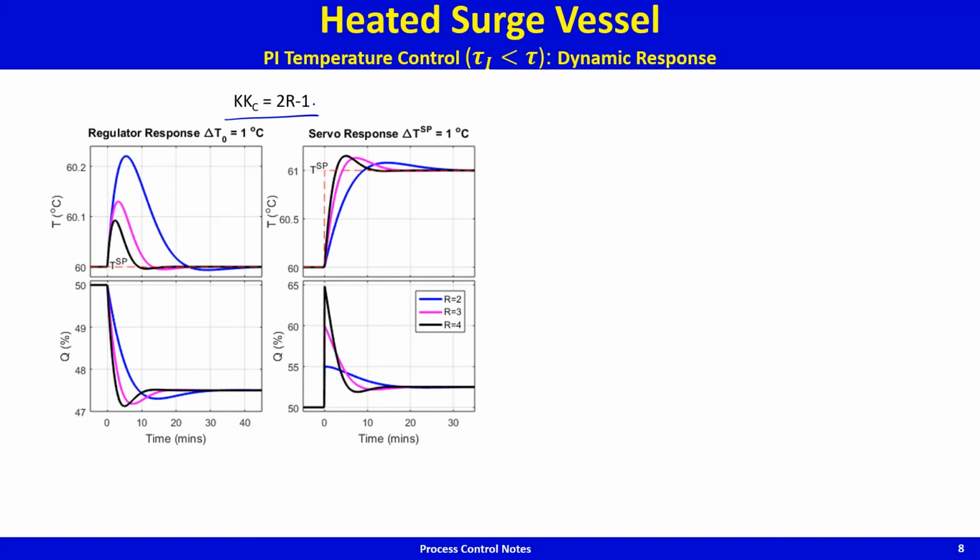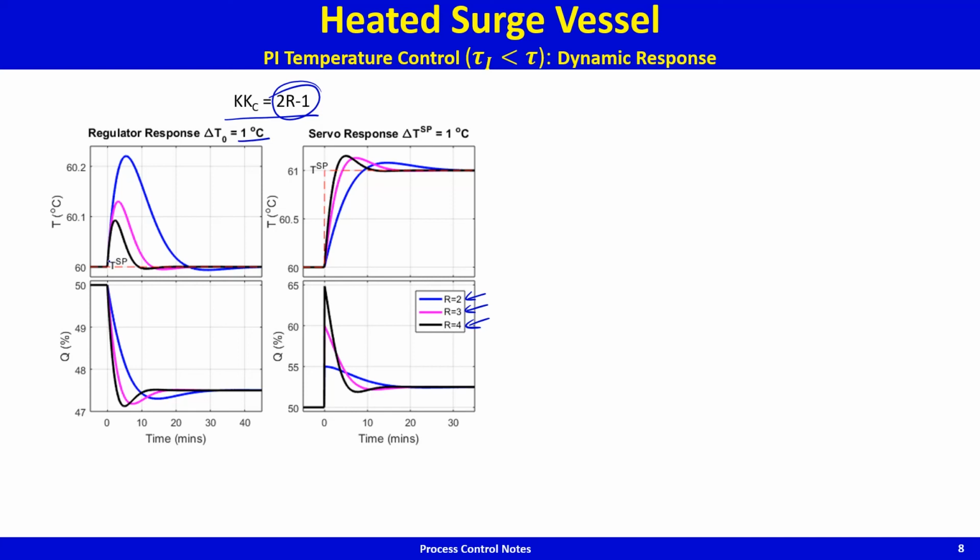And you can see, as r is increased from 2 to 3 to 4, obviously KKC is increased. So your control is becoming more and more aggressive. So you can see the regulator response for a 1 degree increase in the input temperature.